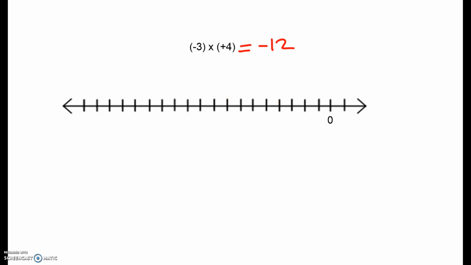We know that the negative direction is this way, towards the left. So we've got 3 groups of 4, 1, 2, 3, 4, 1, 2, 3, 4, 1, 2, 3, 4. And this is negative 12. You can count it if you want.